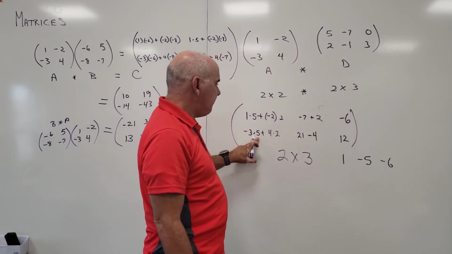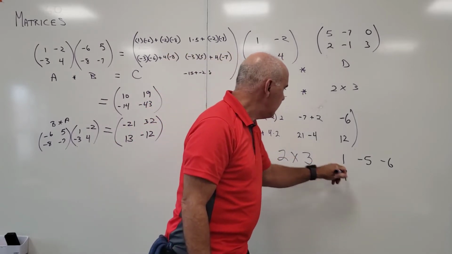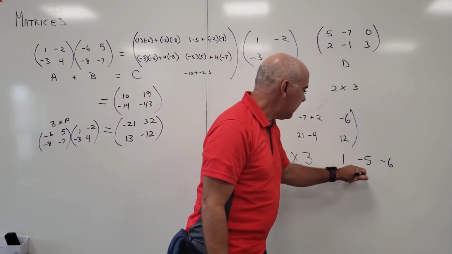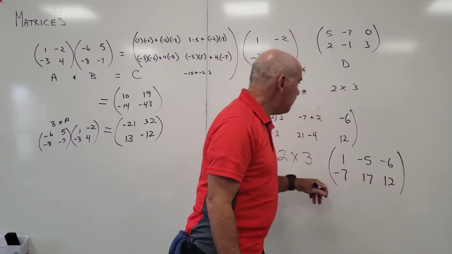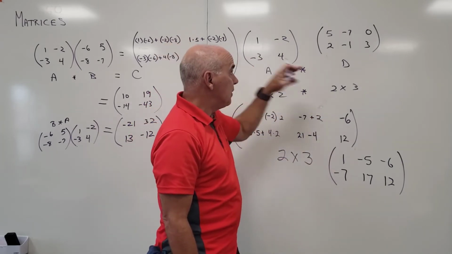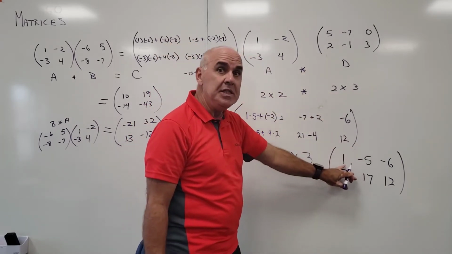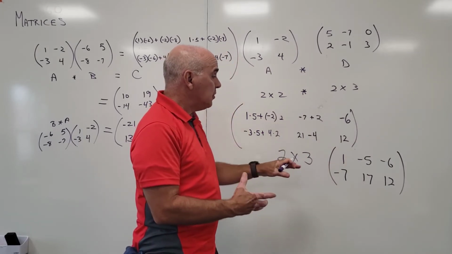I've got negative 15 plus 8, that's negative 7. 21 minus 4 is 17. And then 12. And so this is equal to A times D, the same A as I had over there. And that's a 2 by 3.